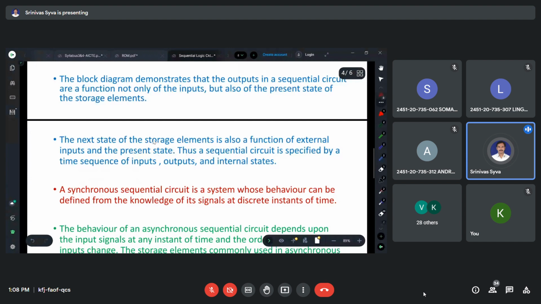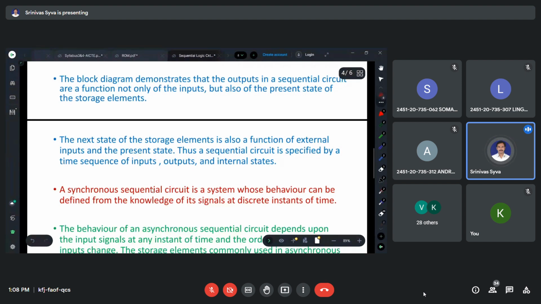The next state of the storage elements is also a function of external inputs and the present state. So the next state, or the output of the storage elements, is a function of external inputs as well as the present output.